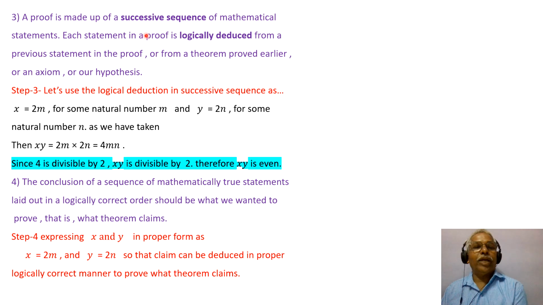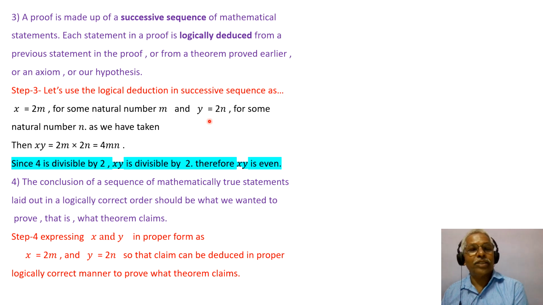So we are now studying how the statements are used to prove a theorem, and the steps involved in proving it. In this step 3, let us use logical deduction in a successive sequence: x equal to 2m for some natural number m and y equal to 2n for some natural number n, as we have taken.